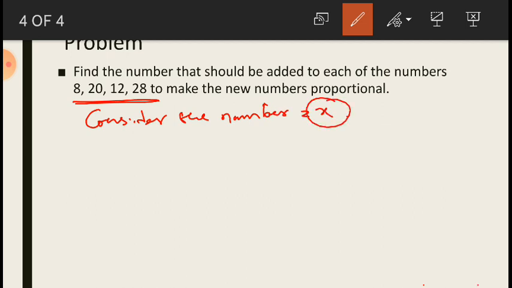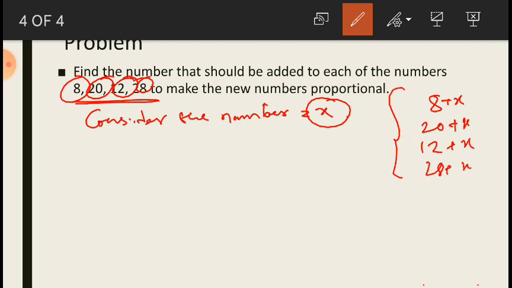So this x is added to each of the terms. Okay, then all those four terms, that is 8 plus x, 20 plus x, 12 plus x and 28 plus x, these all four terms will be proportional. Okay, we have to prove that.